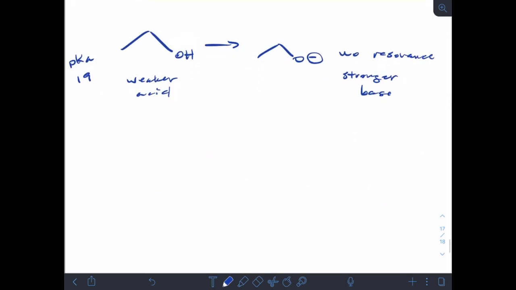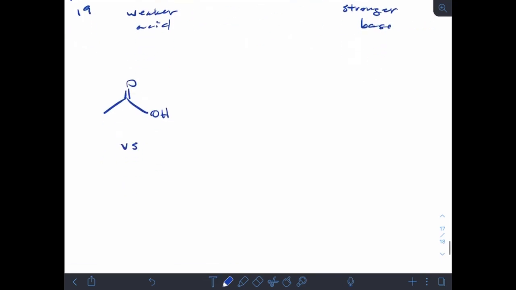All right, so let's do a little prediction. So let's predict which will be a stronger acid. Right?